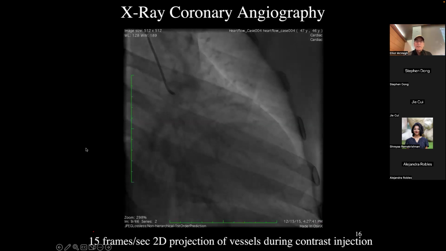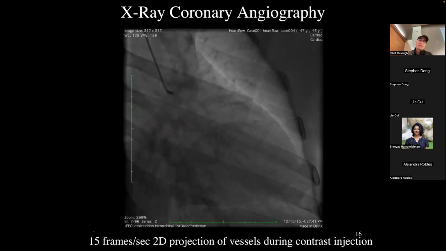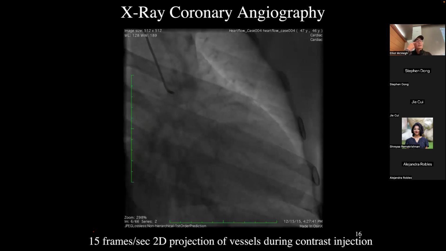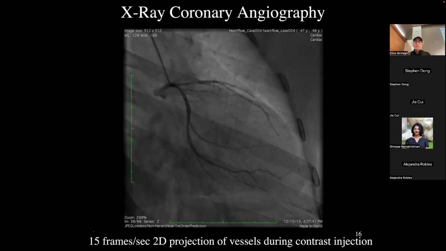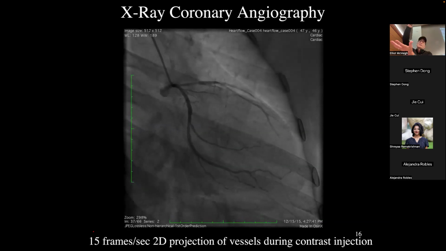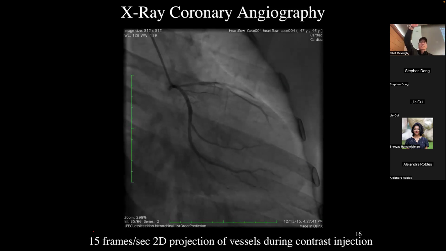This is one of my favorite imaging techniques. This is called an invasive coronary angiogram. It's an X-ray system, much like the one before. There's an X-ray source, the patient's lying on a table, and there's a detector under the patient.